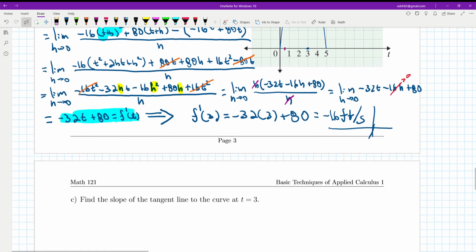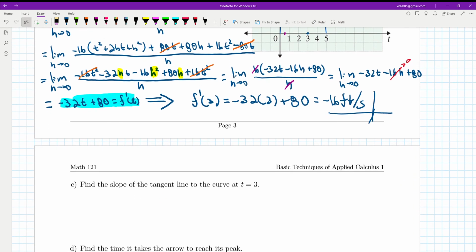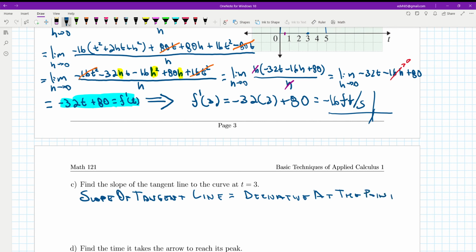Since the slope of the tangent line equals the derivative at a given point, the slope m equals negative 16.